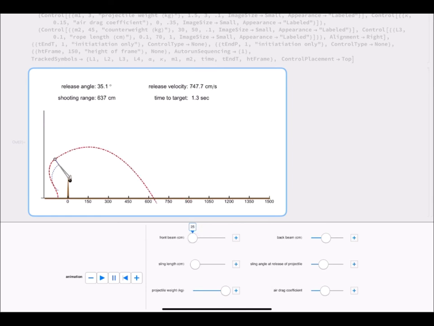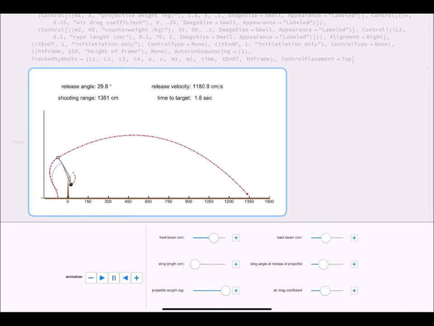We can see as we make the front beam very, very short, there's not much potential energy to be gained as the counterweight falls under gravity, and that therefore is not converted into very much kinetic energy. We don't get much range out of it. However, as we make the front beam longer, we can get much greater range from the trebuchet. Likewise, I can change the length of the back beam and see how that affects things.